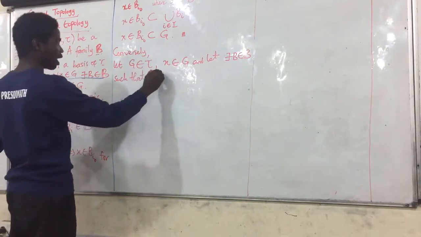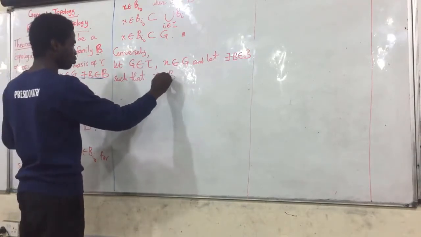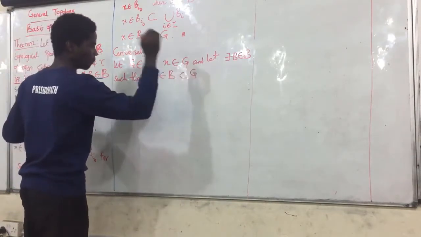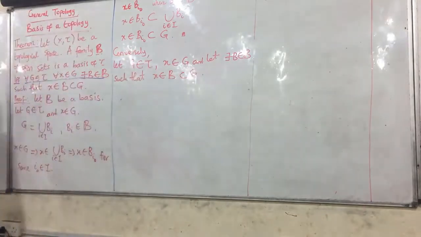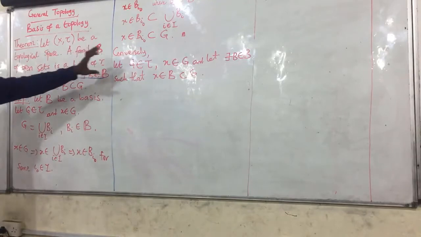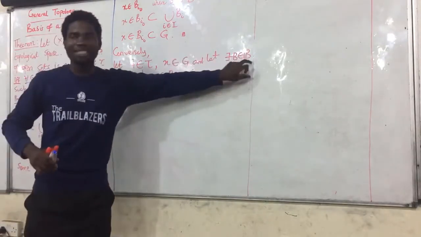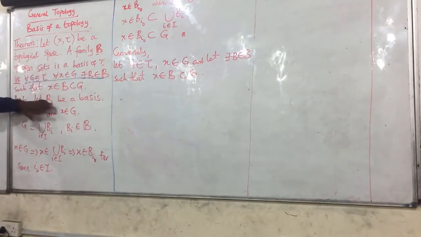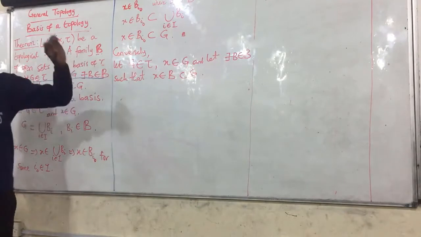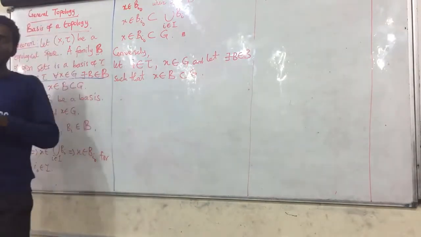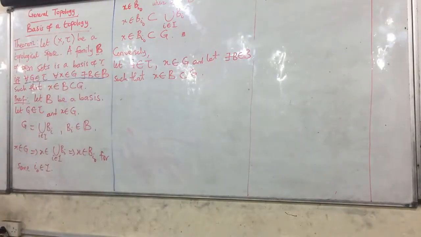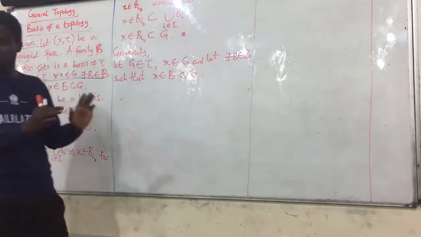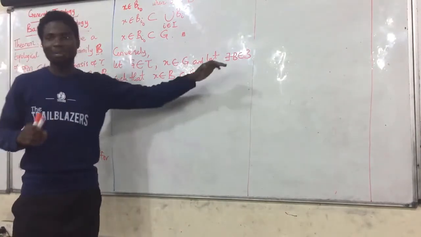I'm starting from Q now. I'm saying that let this thing hold. Do you get what I'm doing now? Let this thing hold. I want to prove that this B is a basis. And how will I be able to prove that? What am I supposed to show before I will conclude that B is a basis?